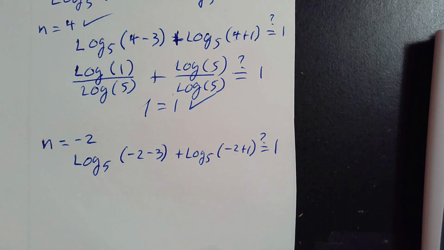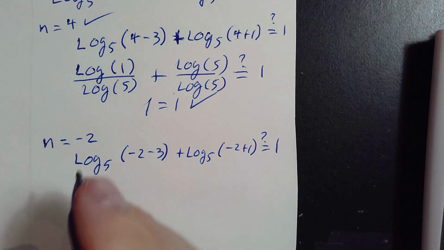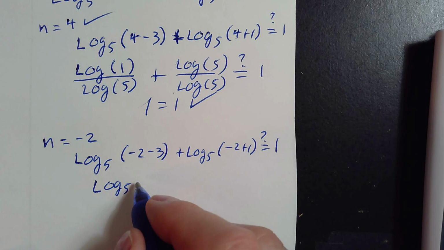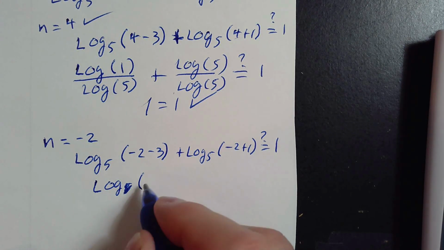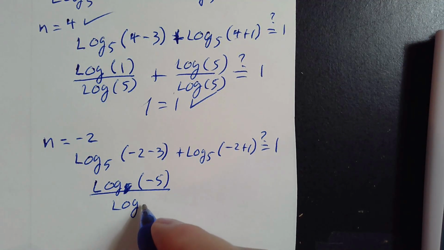Trying to see if that's equal to 1. Well, that's -5. And you may realize right then and there that's no good. If not, you just follow through with your change of base formula.